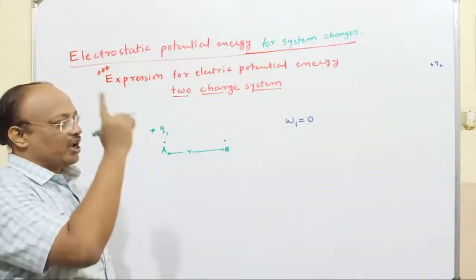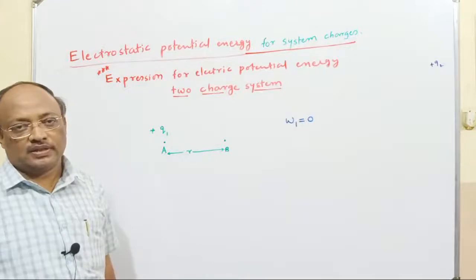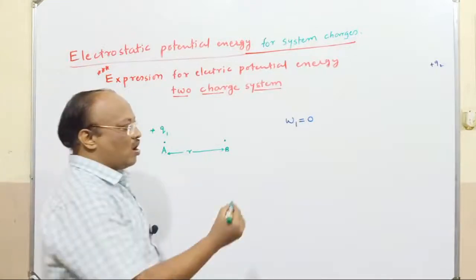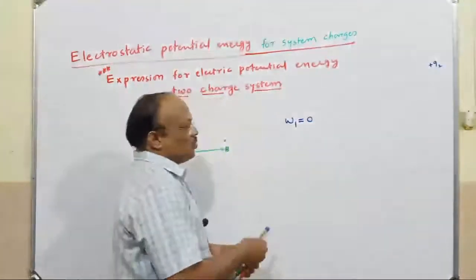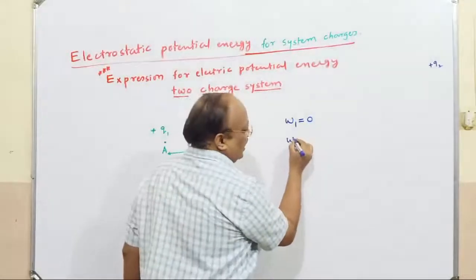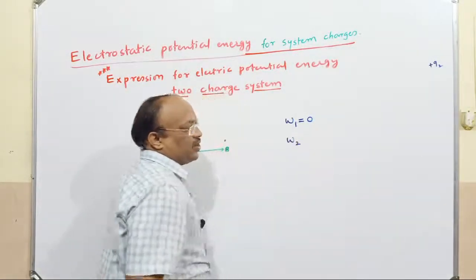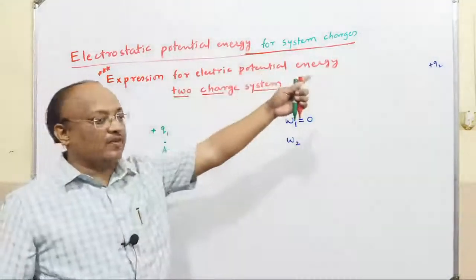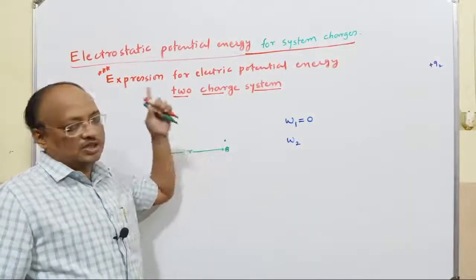That we have to calculate. W2 is the amount of work done to bring it from infinity to this point.